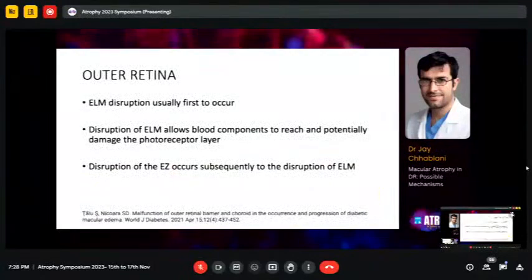What about outer retina? We understand that ELM disruption is usually the first to occur, and this ELM disruption allows blood components to reach and potentially damage the photoreceptor layer, which leads to disruption of EZ, and subsequently to the disruption of ELM.